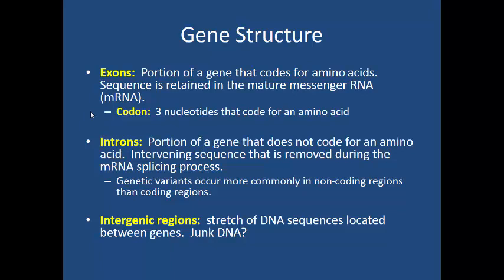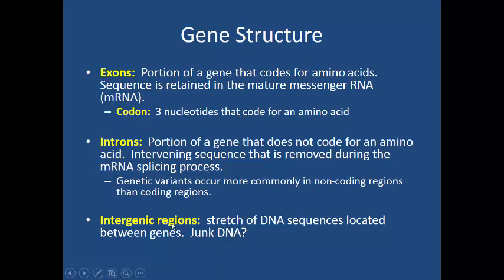So through heredity, coding region sequences tend to be conserved over time. Now that doesn't mean that you can't have genetic variants within an exon. We certainly do have genetic variation within our exonic regions. However, if you're comparing where the frequency of variants occurs more often, it's most likely in non-coding regions.